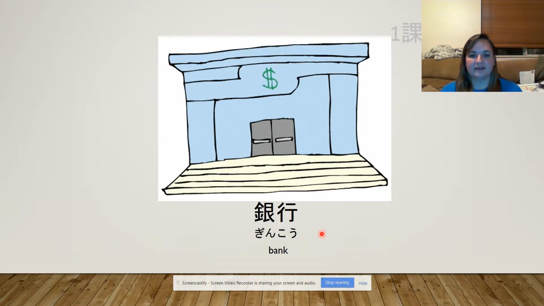次は、銀行。銀行。銀行は英語で bank と言います。銀行です。Okay. So if you notice here in this kanji, you guys might have seen this one before. What do we use this character here? Do you guys remember?